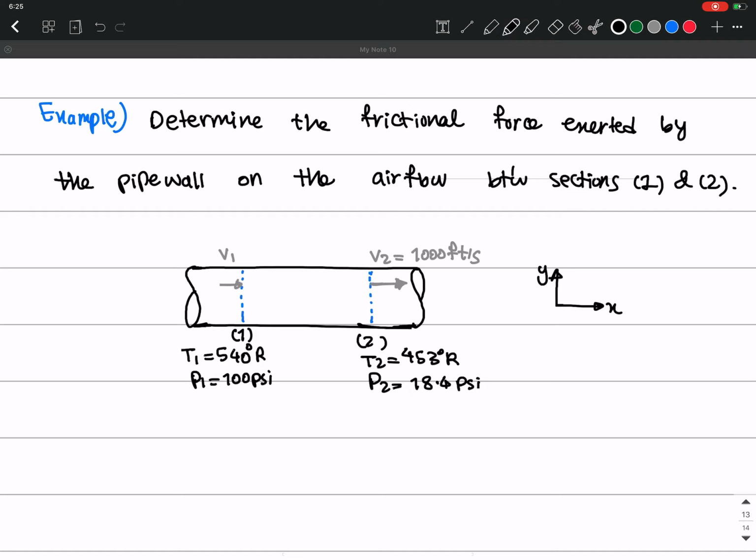We don't know V1, and we have to again use the linear momentum equation, okay? So this is what we have to use. But before using that, we have to know V1, okay? And for finding V1, because we have a pipe flow, we can use the continuity equation, okay? So answer.